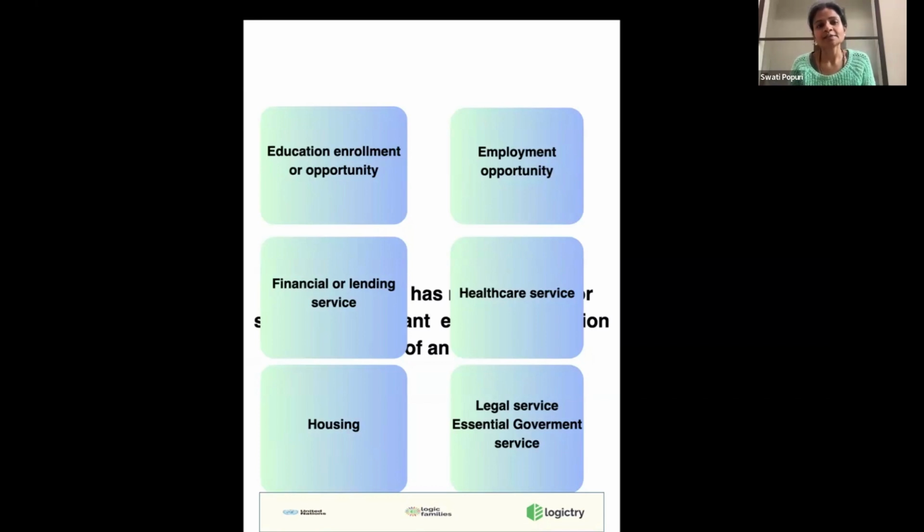It could be getting them an education or an employment opportunity, or it could be a decision on a financial or lending service, like whether they would get the mortgage or not. Or it could be related to healthcare service or housing or a legal service or an essential government service.